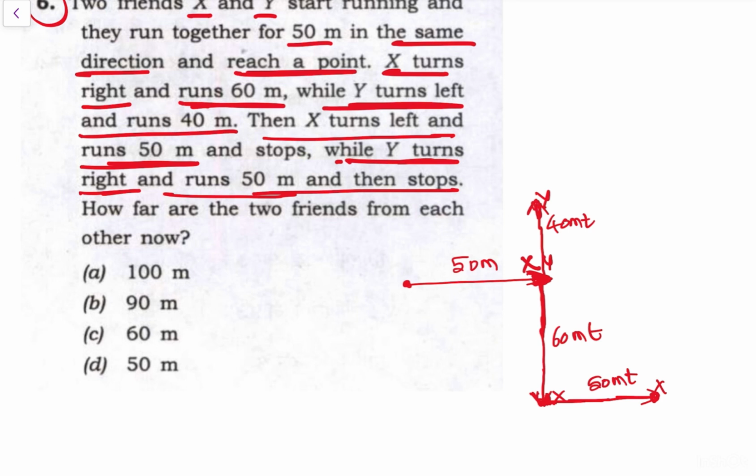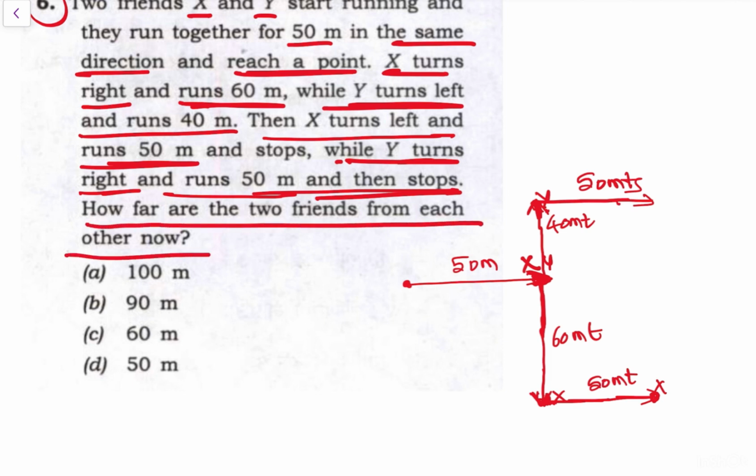Y turns right, so right hand is this side, so right and runs for 50 meters and then stops. How far are the two friends from each other now?